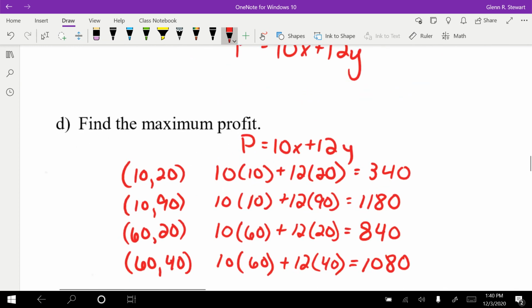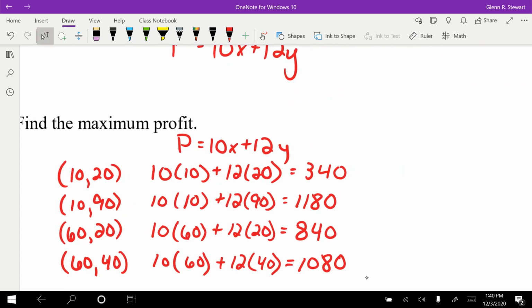And as you can see, finding your maximum profit is going to be here.